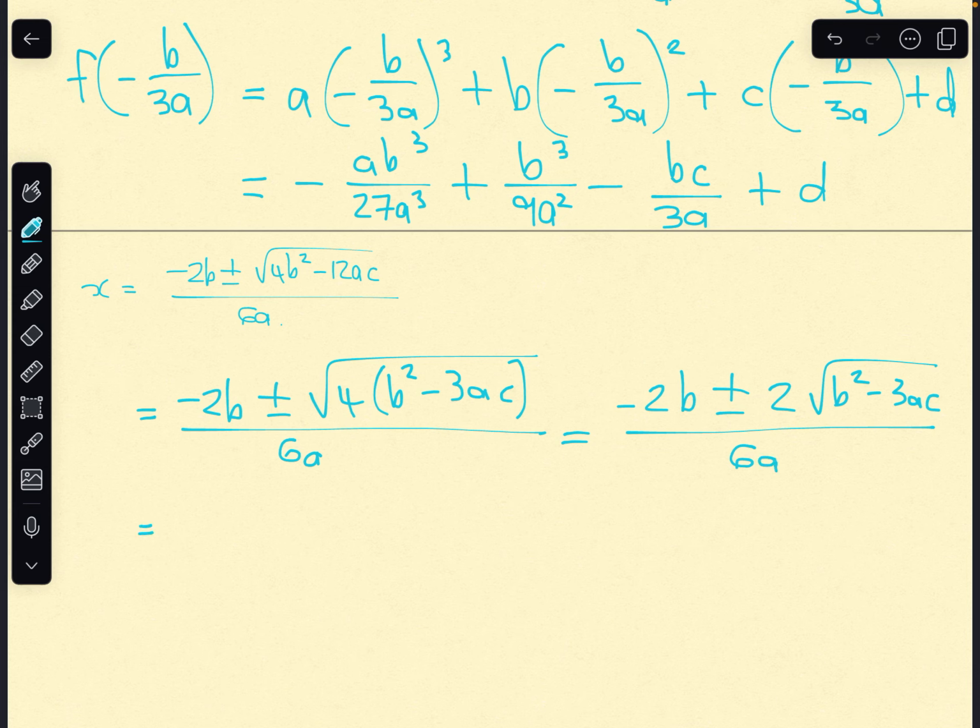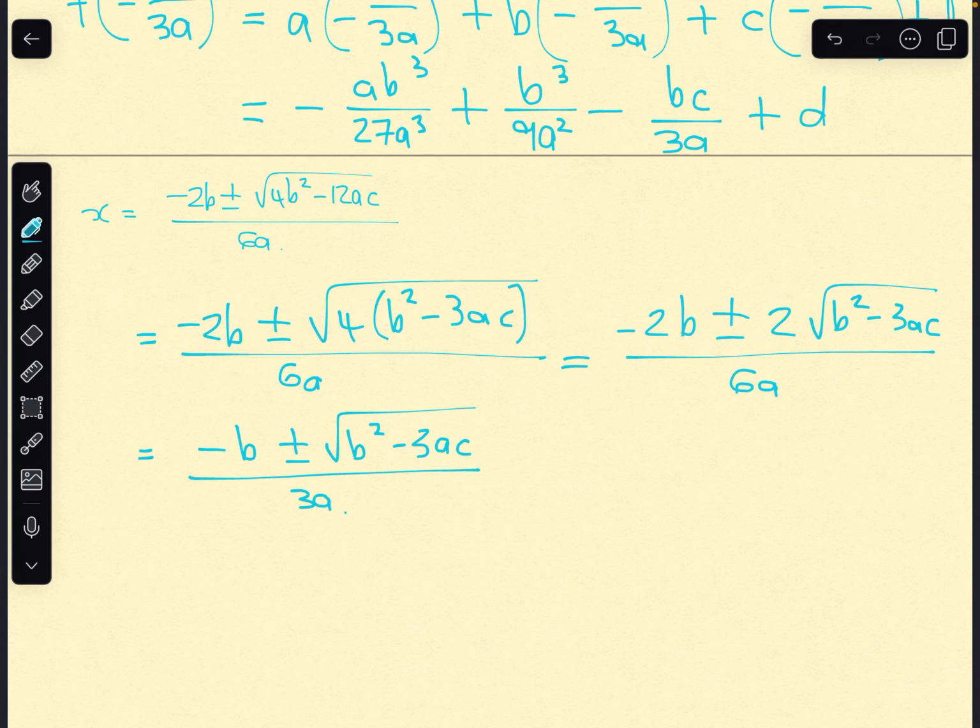So we can now divide through by 2. Oh, I didn't divide the 6 by 2. Okay, so those are the two x coordinates for the turning points.